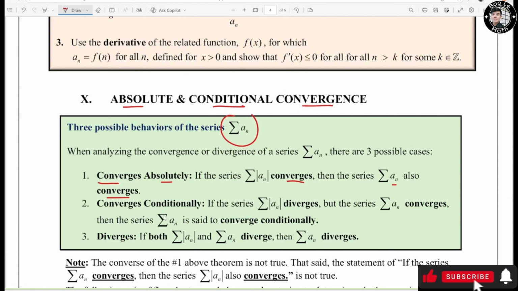Second, converges conditionally. If the series of absolute value of a sub n diverges, but the series a sub n converges, then the series a sub n converges conditionally.